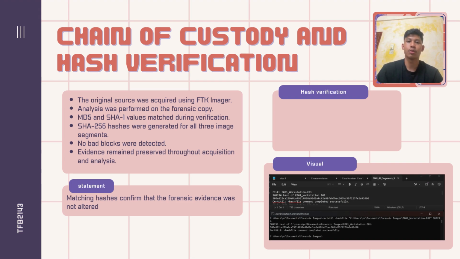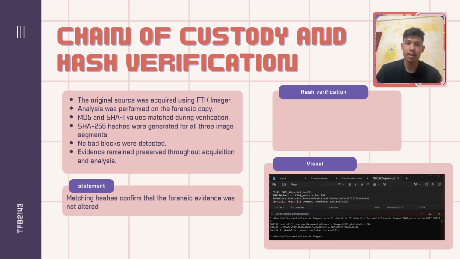For this part, I will explain the chain of custody and hash verification. First, the original source was acquired using FTK Imager, and all forensic analysis was performed on the forensic copy instead of the original device. This is important to prevent any accidental change to the original evidence. During verification, the MD5 and SHA1 hash values match.